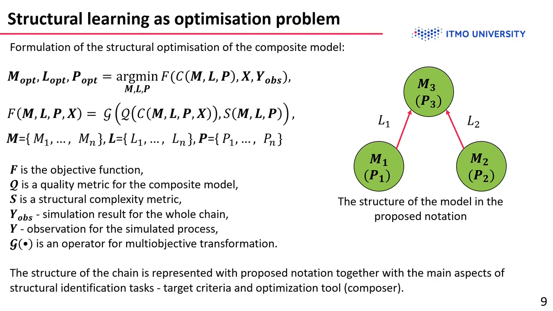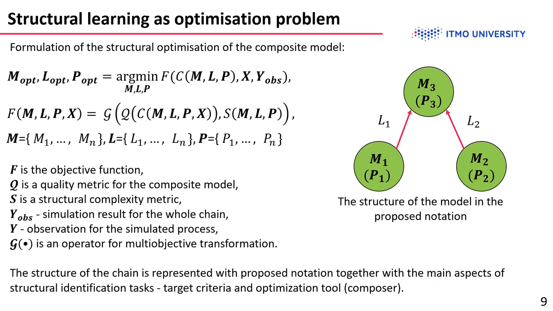For example, we have too many nodes, too many links, and of course it can decrease the final quality of the simulation.